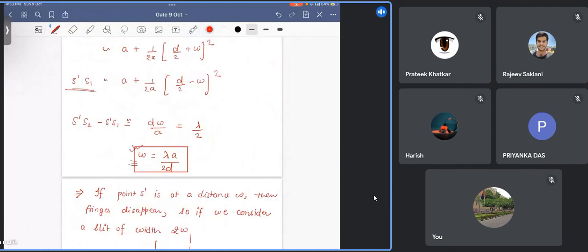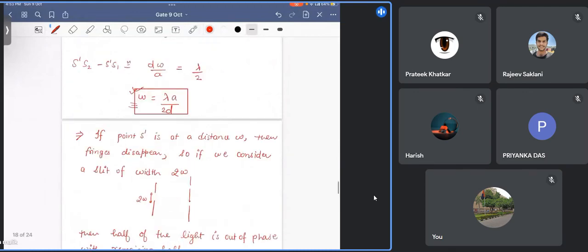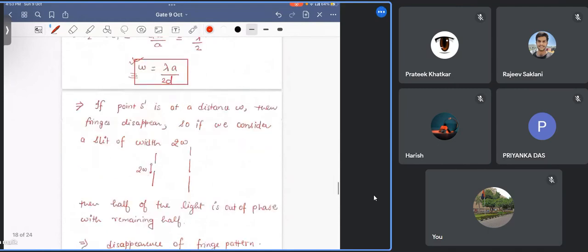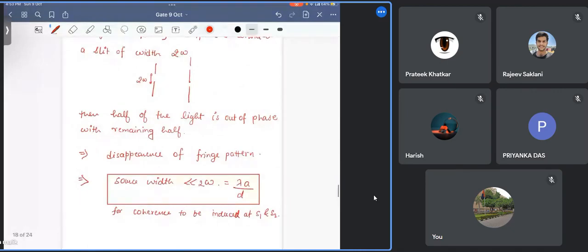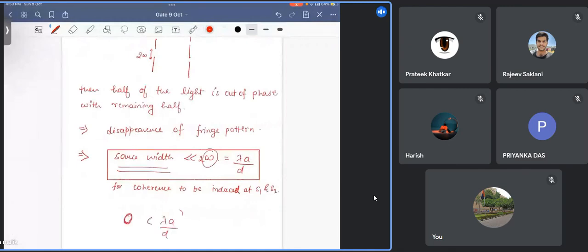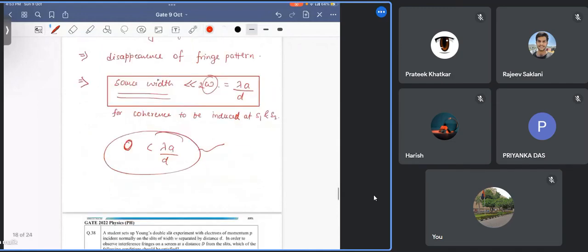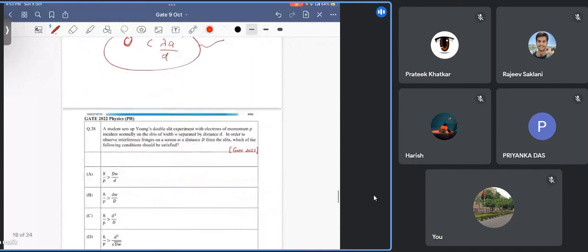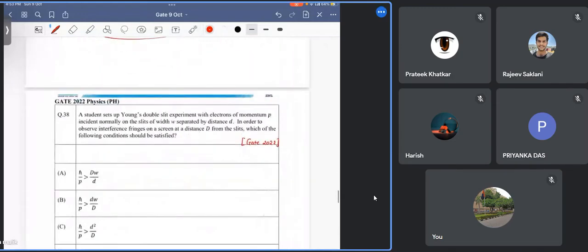Now if the width is such, then we are always going to see the fringe pattern vanish. So our source has to be much smaller than this width W. So this is the source width. Your source has to be smaller than lambda A by D to see the interference pattern in Young's double slit experiment. So this is the question that was asked in the GATE 22 exam.